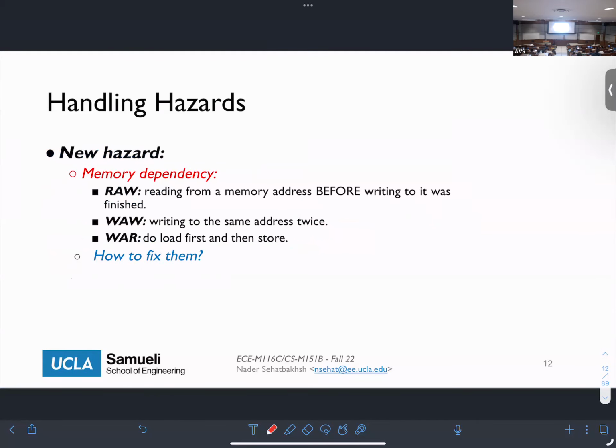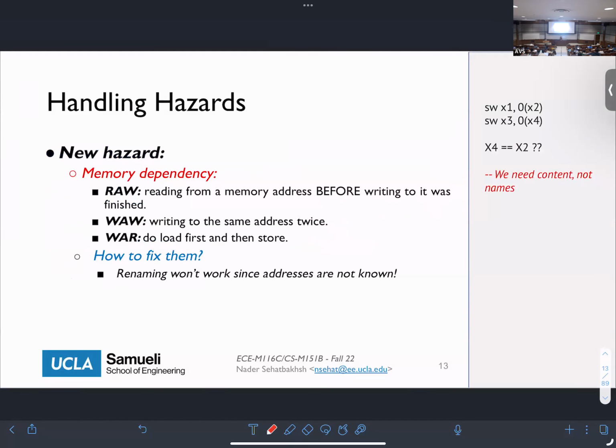Interestingly, there's a new type of hazard that happens in out of order execution, and that's what's called a memory dependency. The memory dependency is exactly all those things that we discussed in the class for registers, but this time for memory.